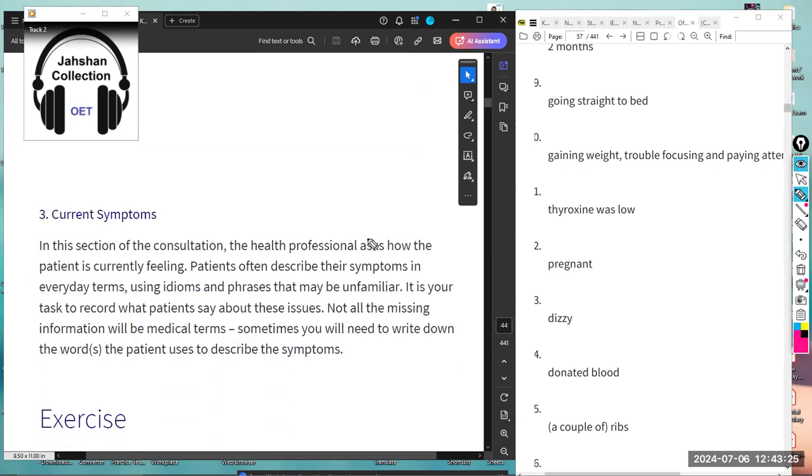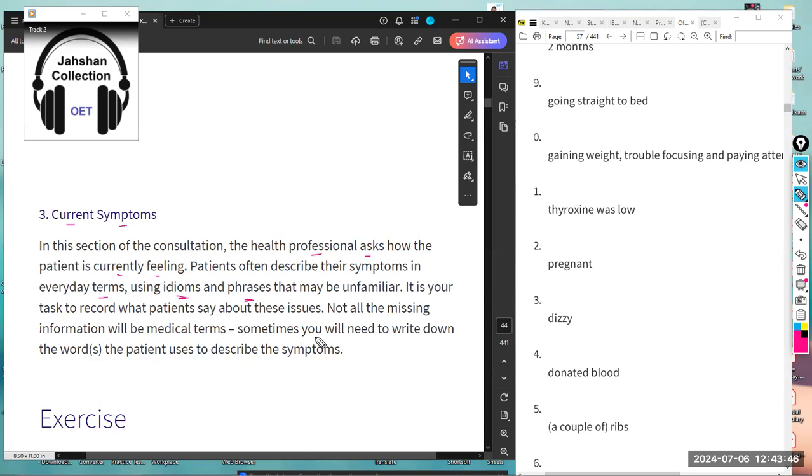Now, in extract 1, we have current symptoms. In this section about the consultation, the health professional, maybe the nurse or the doctor, asks how the patient is currently feeling. Patients often describe their symptoms in everyday terms, using idioms and phrases.